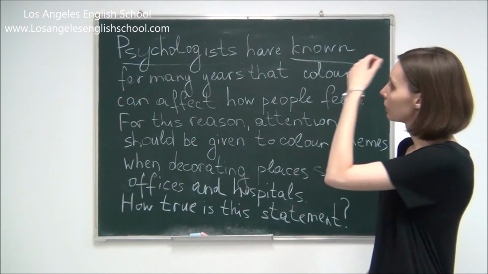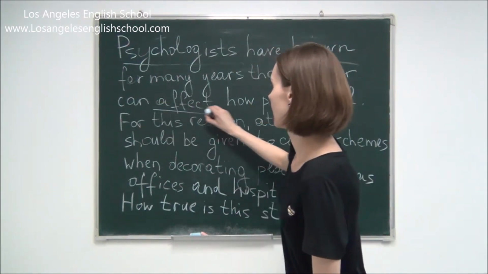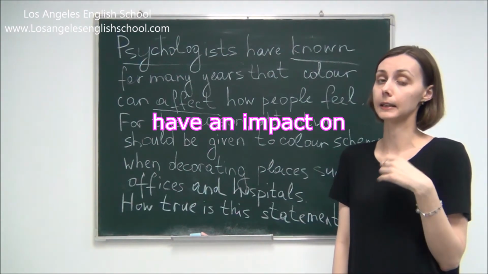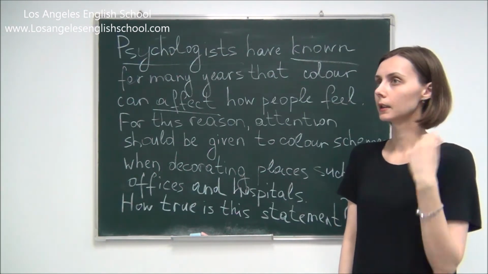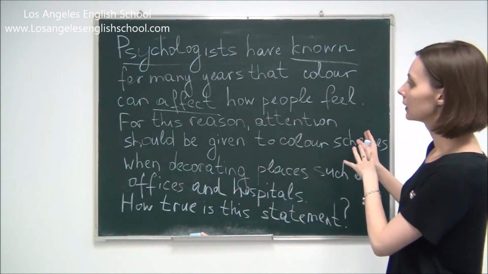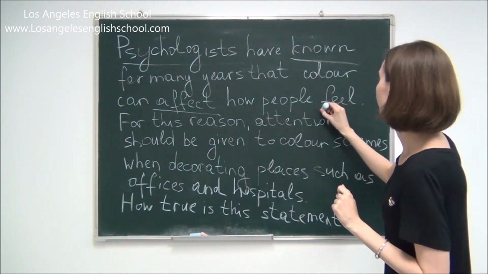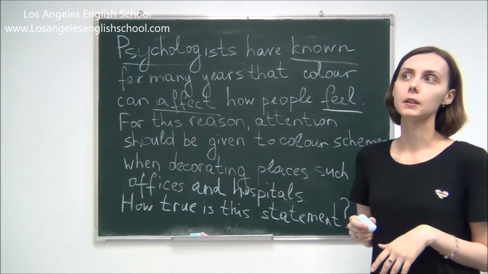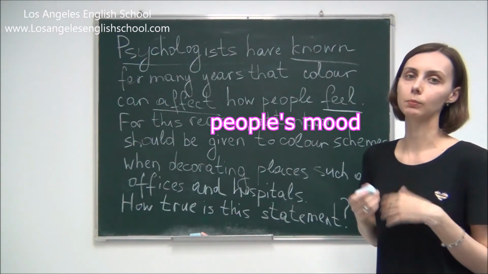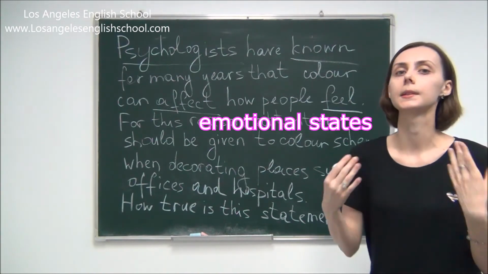Color can affect how people feel. So what about the word affect? You can say to have a great impact on, or to influence. How people feel: actually, you can say to have a great impact on people's mood or emotional states.